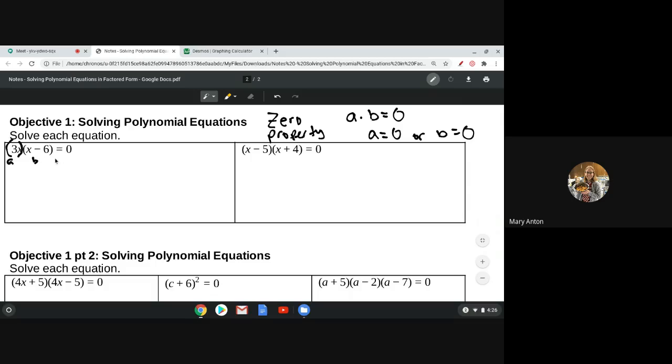So that means to get this whole thing to equal 0, either the 3x has to equal 0, or this x minus 6 has to equal 0.